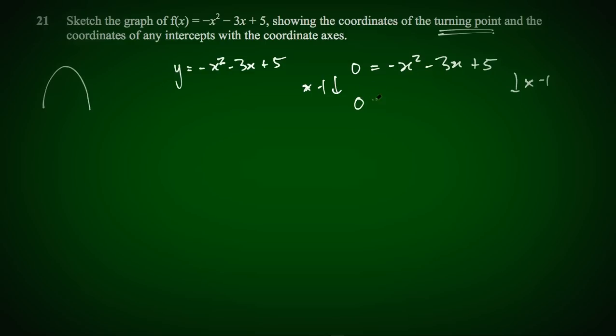So that gives me 0, 0 times minus 1 is still 0, x squared plus 3x minus 5, and then factorize that. It's got to be two numbers that multiply to minus 5 and add to 3, which doesn't happen. So this in fact is not going to factorize.